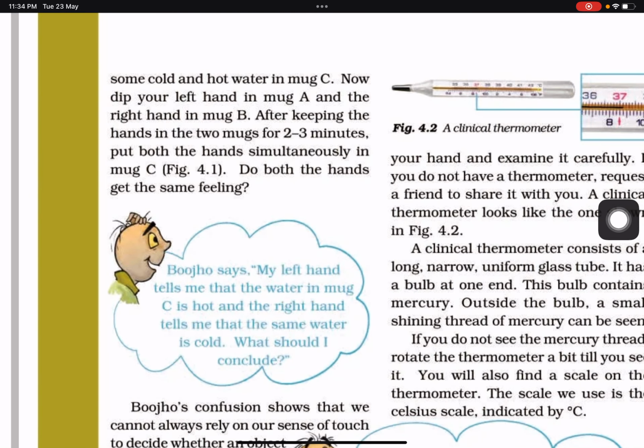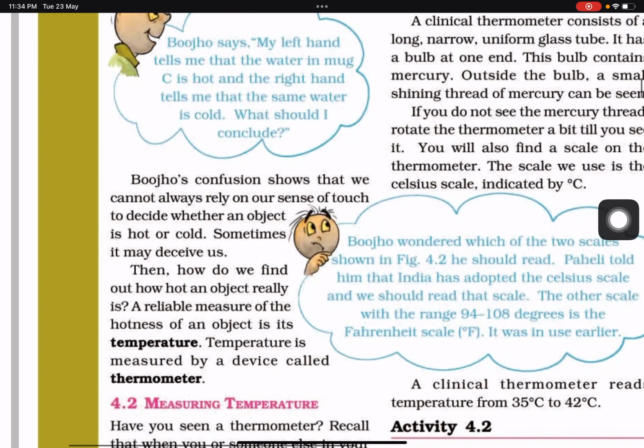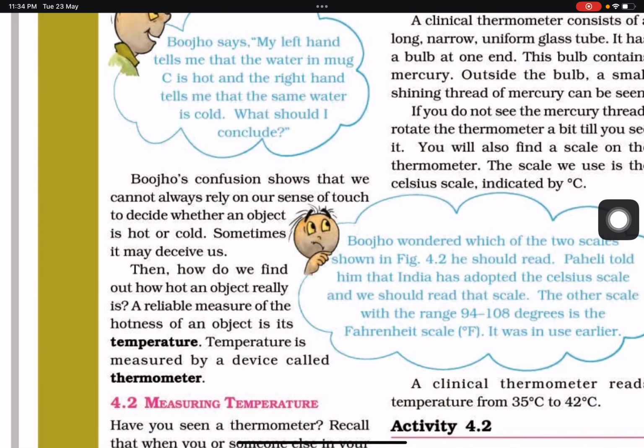If we go ahead, here is what I tell you. When you have a fever, you touch your head and your cheeks, and you say my hand is colder than my upper portion. It is not perfect, it varies from human to human.